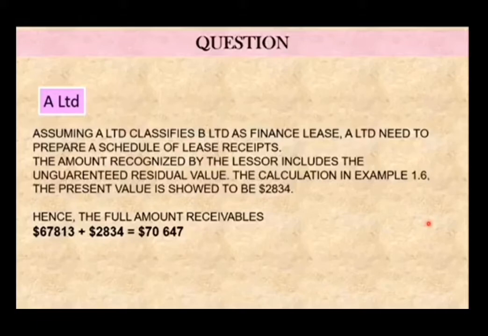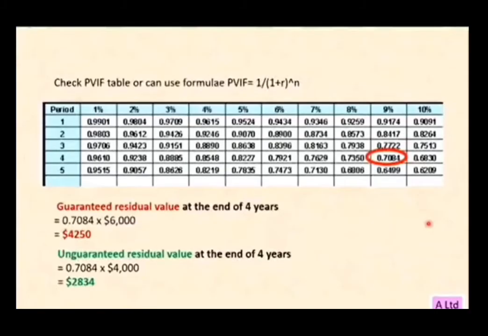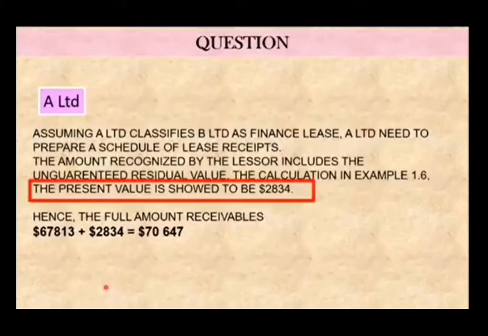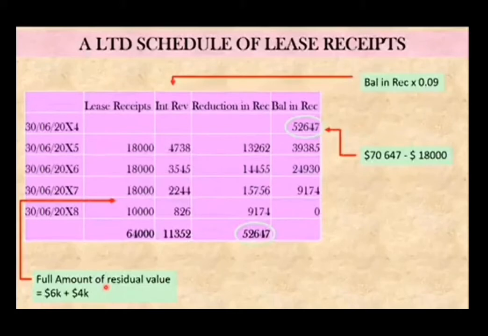Since they have mentioned that the amount recognized by the lessor includes the unguaranteed residual value, which is the calculation that Vicky showed us just now, we will be adding this to the 2834 to get our full amount of receivables. Okay, so this is our lease receipts schedule. There are a few explanations that I've given here.